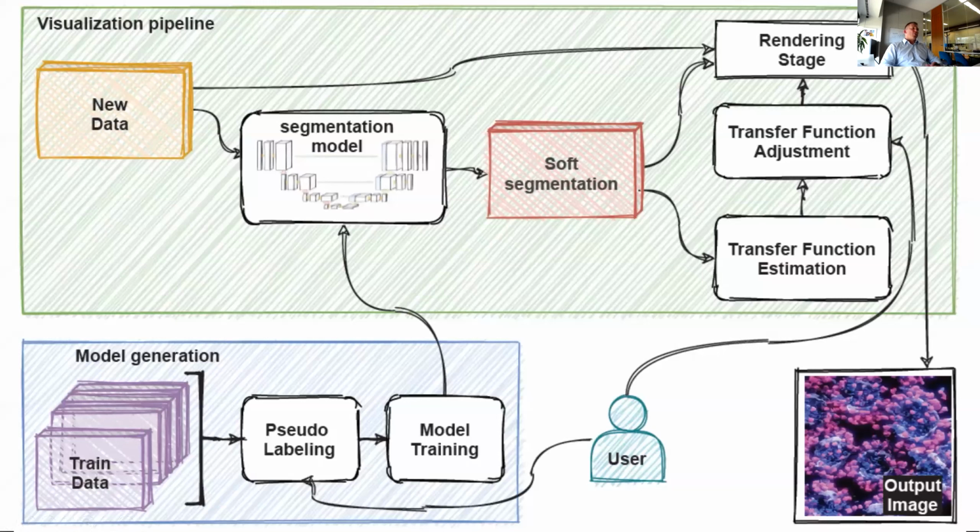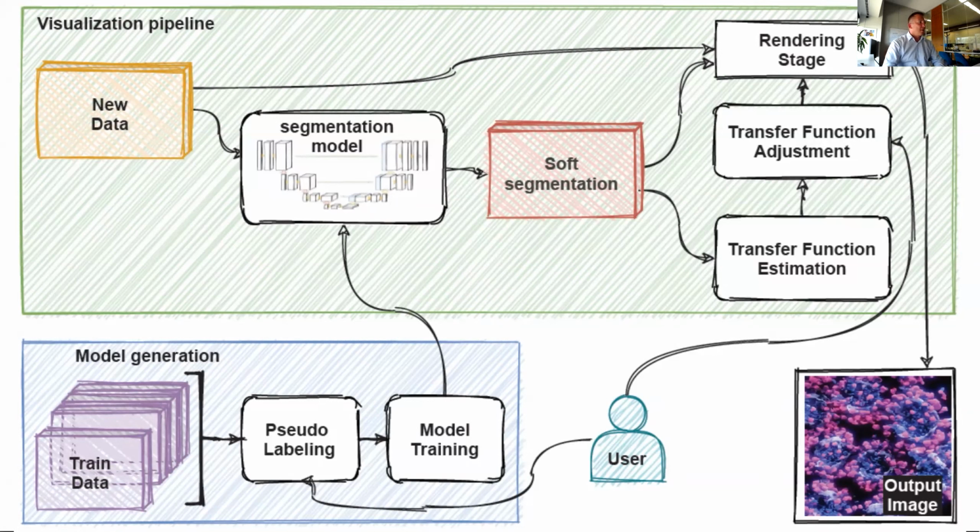Now, our thought was the following. If the individual elements in these scans can be interpreted and some segmentation can be done, these deep learning approaches typically result in so-called soft segmentation. They give you a probability of how likely some voxel belongs to some class or some object in the volume.